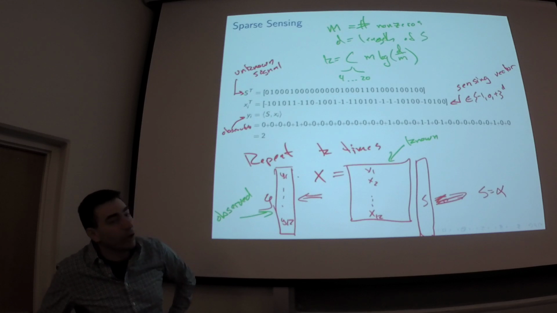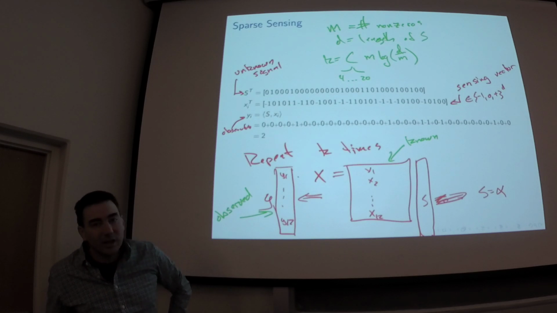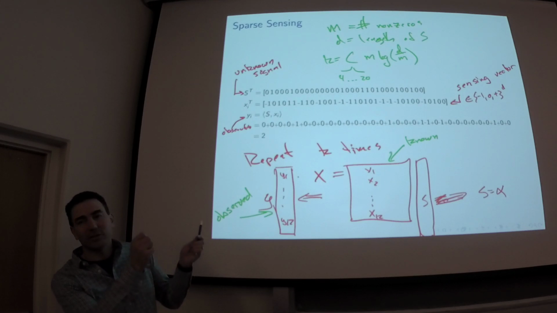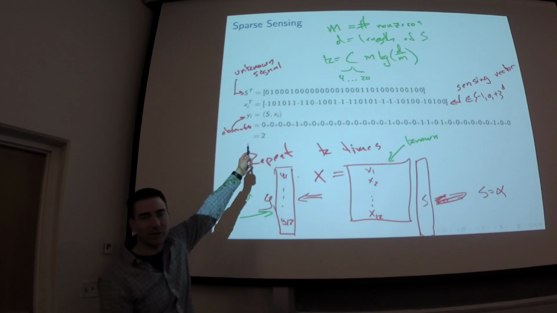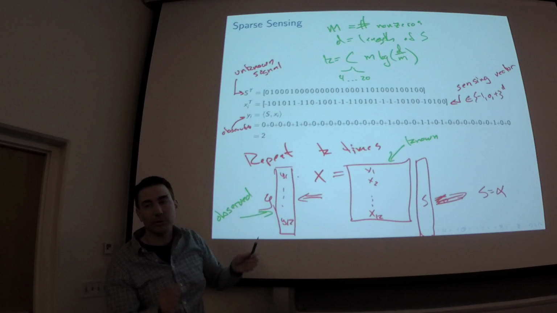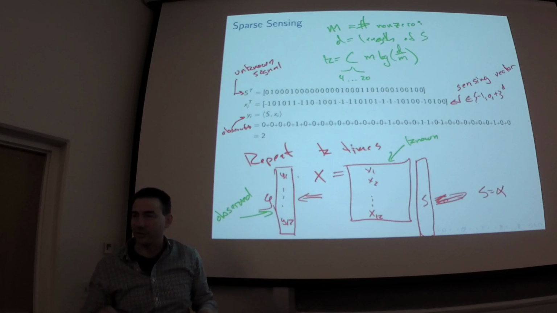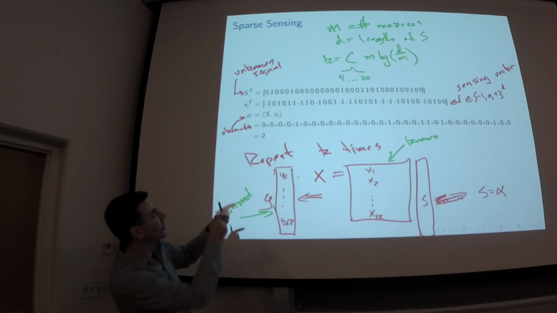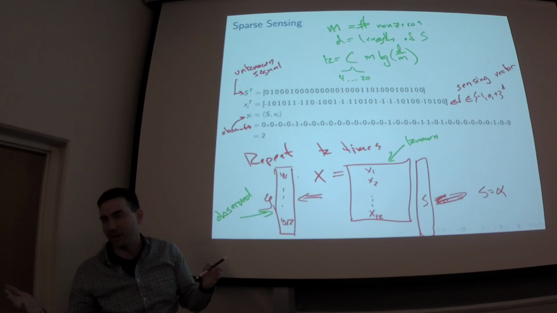And if you think of what this log term is doing, this is like log of d. I basically need it to tell me which coefficient. Think of it like a label of which entry in here. It takes me log d bits to give a label of which entry is the non-zero. Or if I store the gap between consecutive ones, then it's roughly log d over m bits.